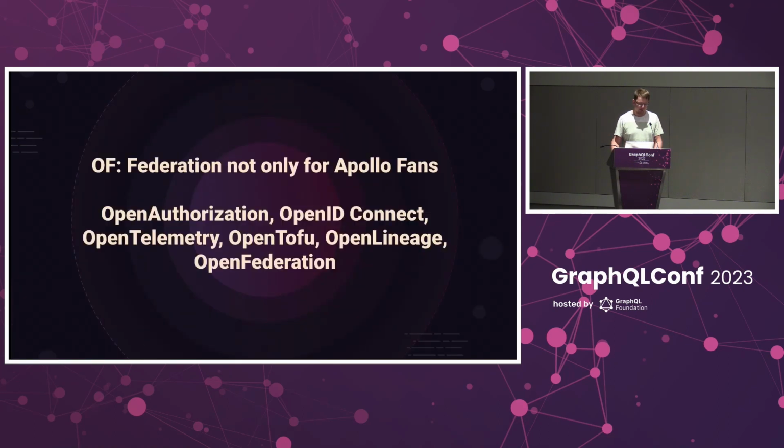The way we change it is with open federation. Federation not only for Apollo fans. That's not a rant on Apollo. The idea here is that when we started building our gateway and the composition tools, we quickly realized that it's actually very hard to really understand every detail of federation, how it works, when should something compose and when it doesn't.